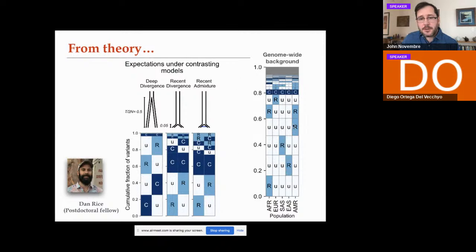But with humans, we don't see that. We see patterns like this, where the most abundant patterns are rare in one population, absent in the other. And when you see common variants, they tend to be shared. So this is more consistent with recent divergence, recent admixture models.